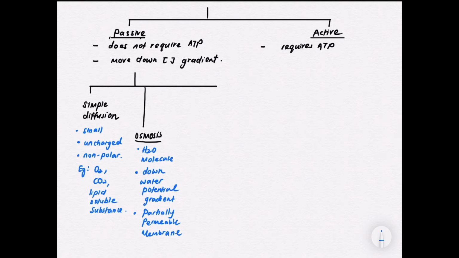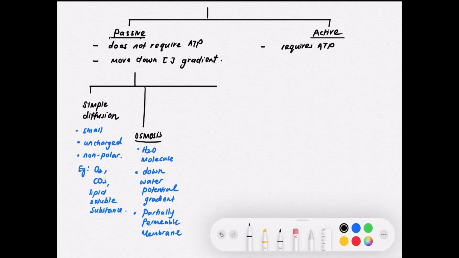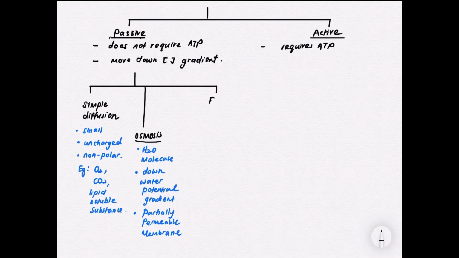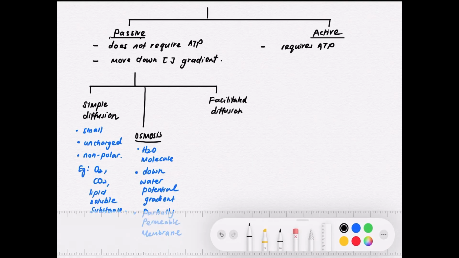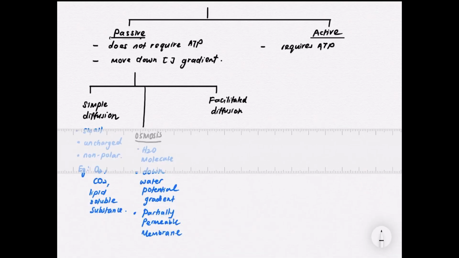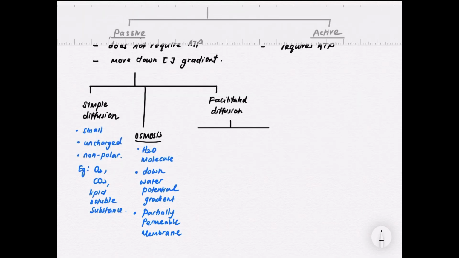And the last passive transport will be facilitated diffusion. So we have two types of facilitated diffusion, such as channel protein and carrier protein. So what's the difference? The shape is different and the type of molecule they transport is also different.